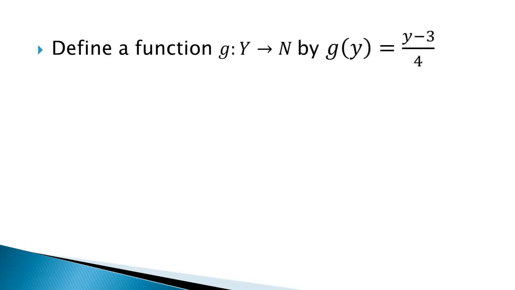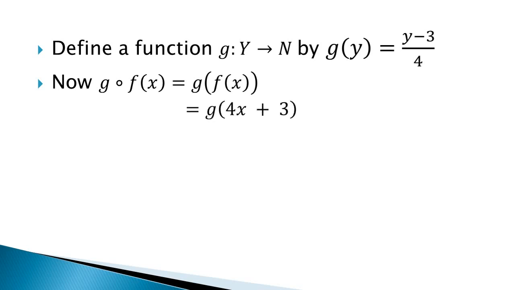Now define a function z from the set y to the set N by z of y equal to y minus 3 by 4. Y minus 3 by 4 is the value we just obtained for x. Now what is z of f of x? Put the value of f of x, which is given as 4x plus 3.